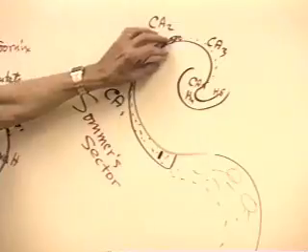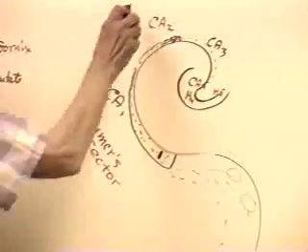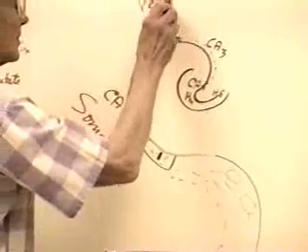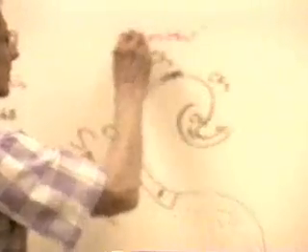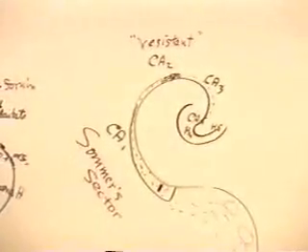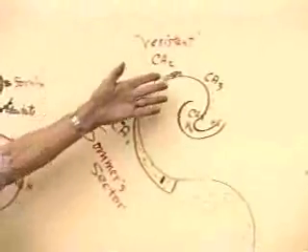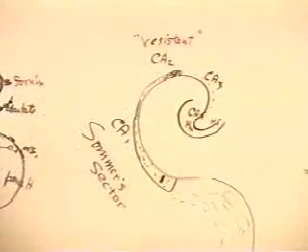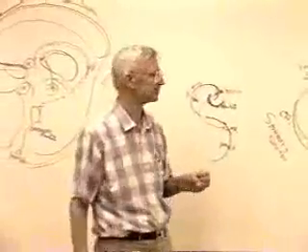My impression is that CA2 can thin. CA2 is the so-called resistant sector. But it's relatively resistant. One can recognize it because of the density of cells, and it doesn't seem to be as densely populated as normal.